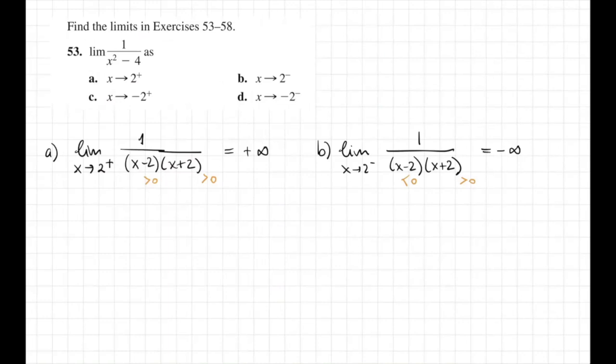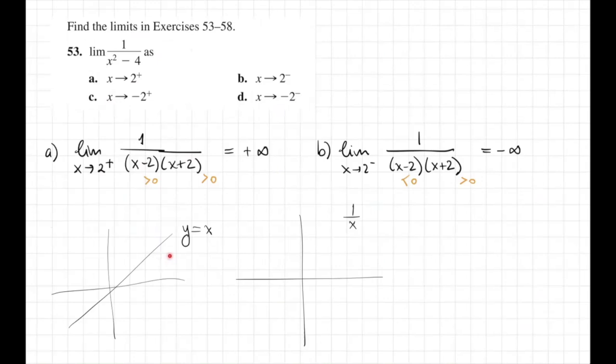It is very easy. So when you try to sketch this one, you can just check y equal to 1 over x. When the function goes to 0 from the positive side, we should also go to plus infinity. When the function goes to infinity, 1 over x should go to 0.